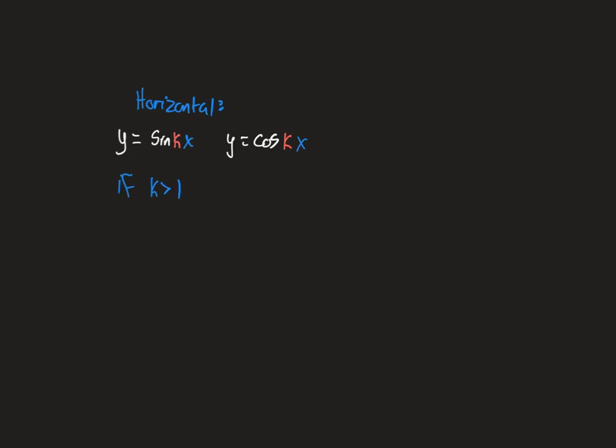So if it was a whole number outside, not affecting the x, then it was a stretch. But if it was a whole number, in this case, because it's greater than 1, and it's affecting the x, which you can see it is because it's right beside my x, then this is not a stretch, it's a horizontal compression.